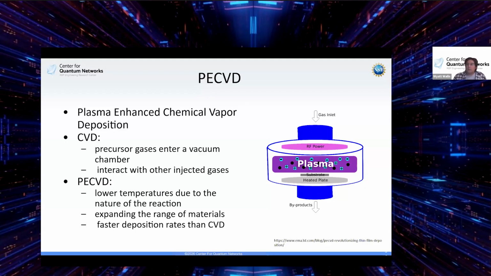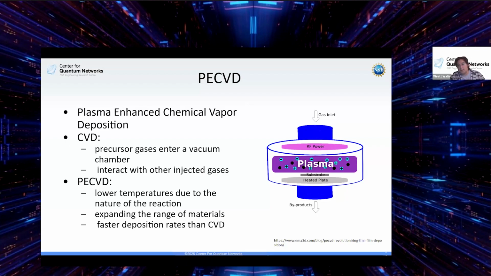And the reason why you do that is because you inject the gas you actually want to see some of the material with, and that injected gas will interact with the precursor gas, leading to, if we ran through all the stoichiometry, a solid material that will then deposit on your substrate.